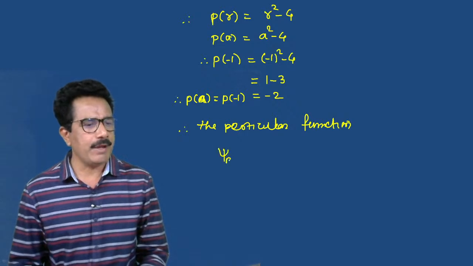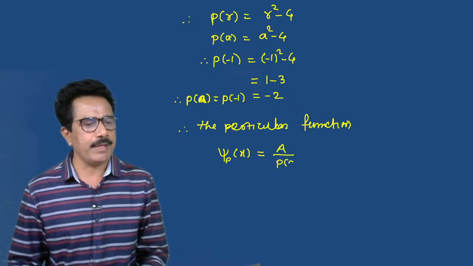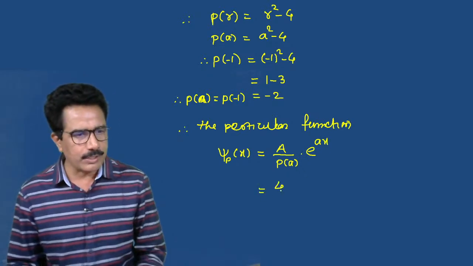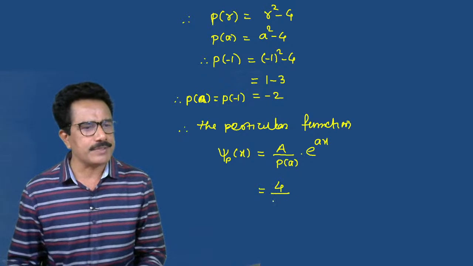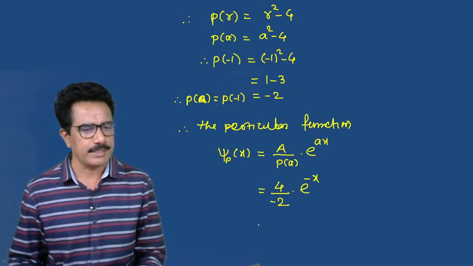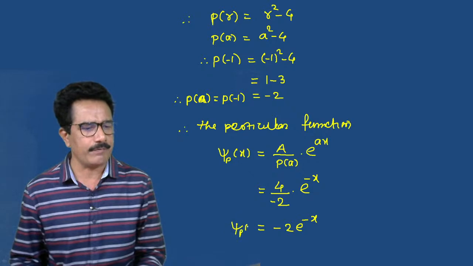Psi p of x is equal to capital A divided by P of A into e raised to ax. Capital A means 4 divided by P of A means minus 2 into e raised to minus x. That is minus 2 e raised to minus x. This is psi p of x.